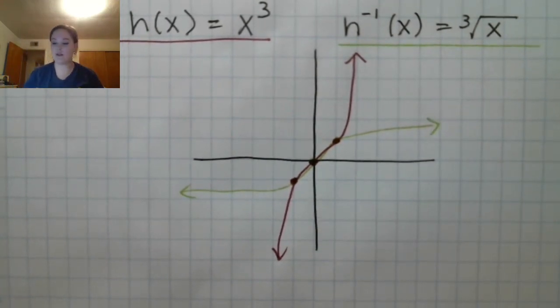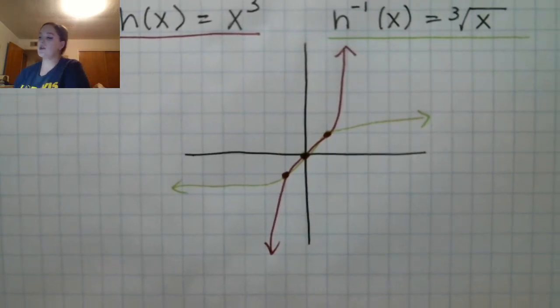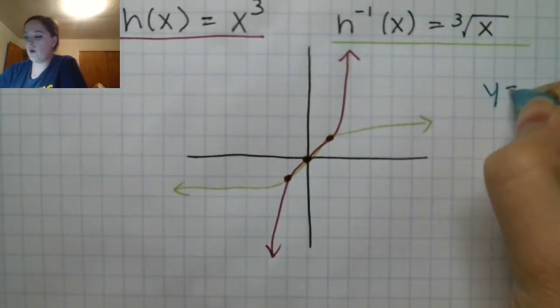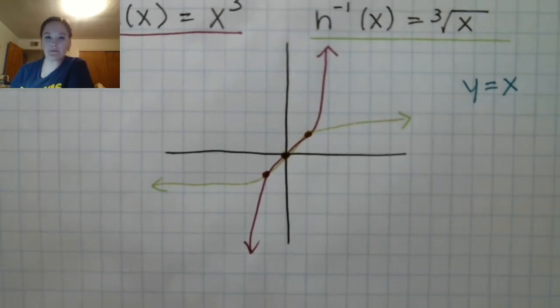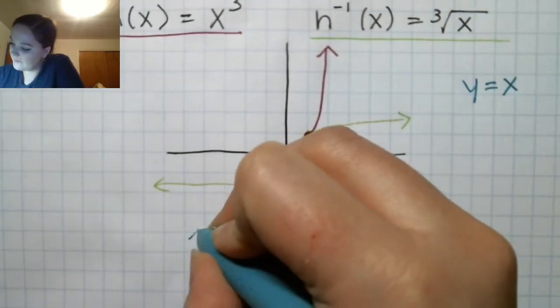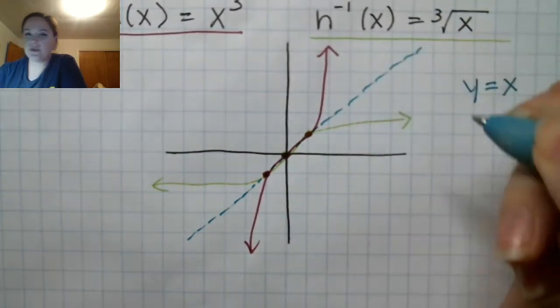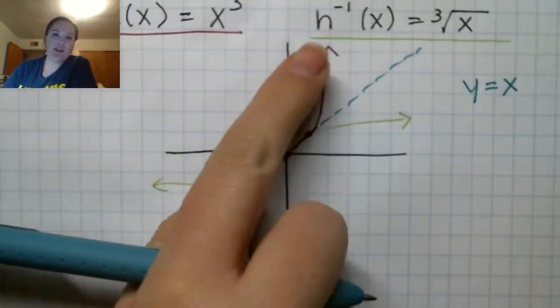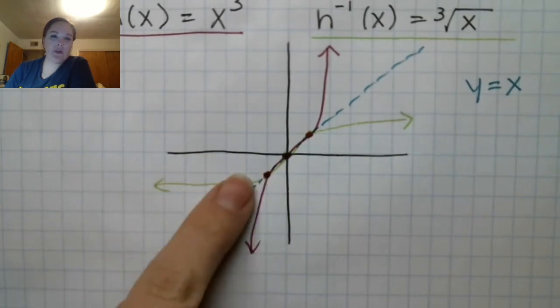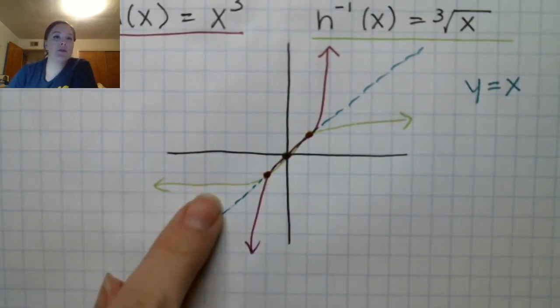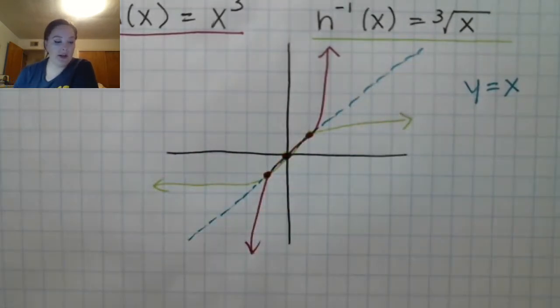All right. Now I want to draw in one thing that will hopefully help us see how these things are related. We're going to look at the line y equals x. As we look at this line y equals x, you can see that these two graphs look like mirrors of each other across this line.